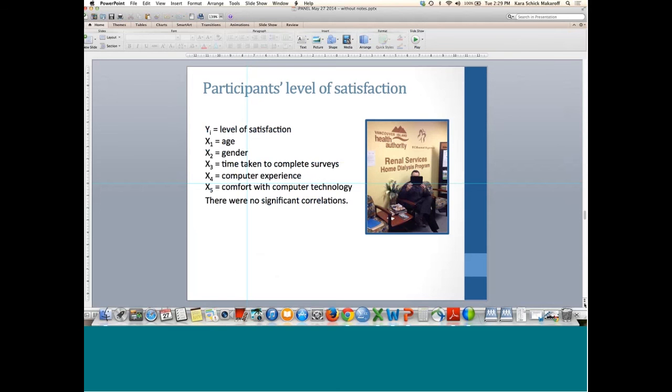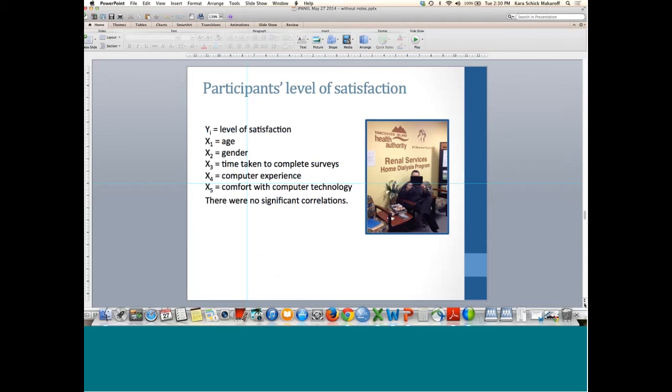So if you remember back to my research question about feasibility of administering and scoring patient-reported outcome measures, my outcome, or my dependent variable, was level of satisfaction. And then my independent variables were listed here. But when it came time to looking at correlations with satisfaction, none of the variables listed here were correlated.